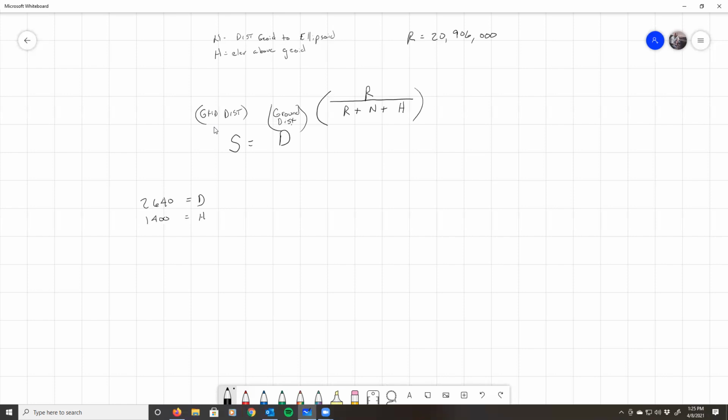It says that your N value is negative 131.23.